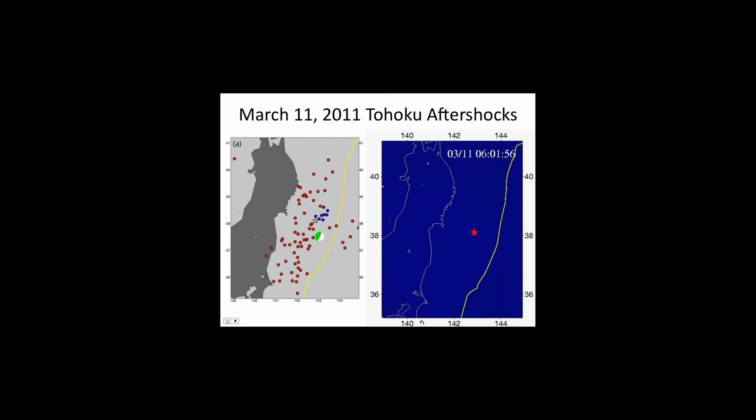We have looked at this relative source time function that I showed and compared that to the moment release with respect to time. That's, I guess, the closest thing we have done. And the agreement there is variable. Sometimes we agree very well.